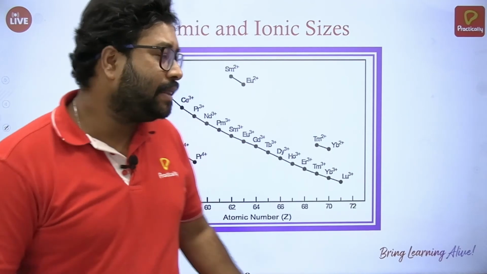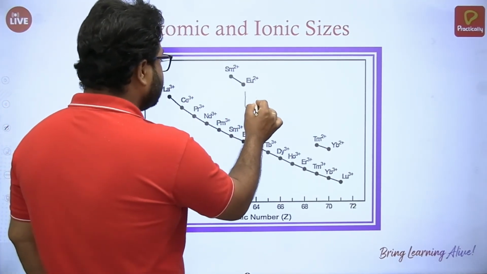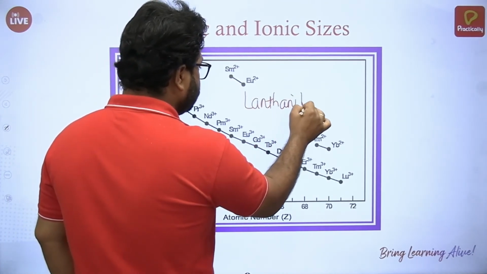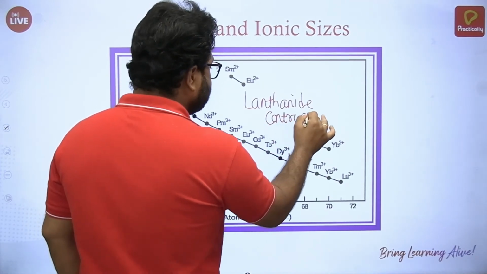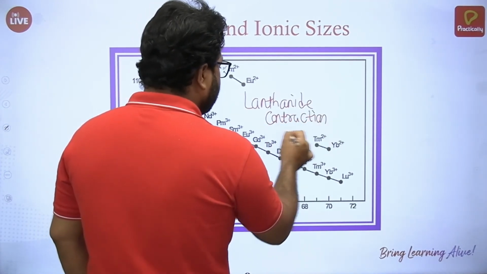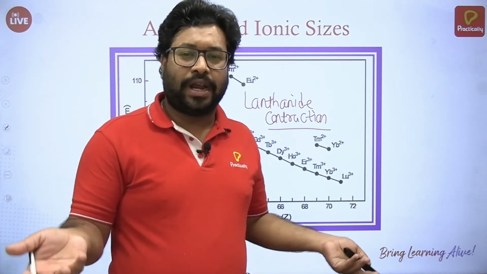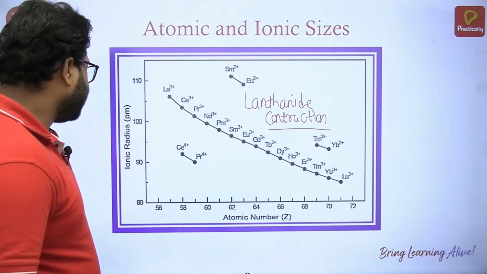Now, as far as atomic and ionic sizes are concerned, you can clearly see here, this is the classic example of lanthanide contraction. Size decreases, as we all know that in lanthanides also you are moving from left to right. The size is going to decrease, which is obvious. But size is not decreasing that much.